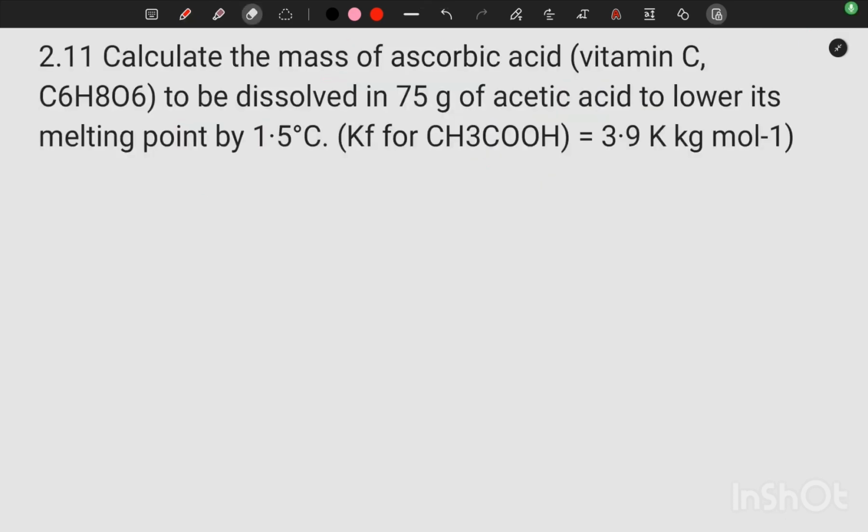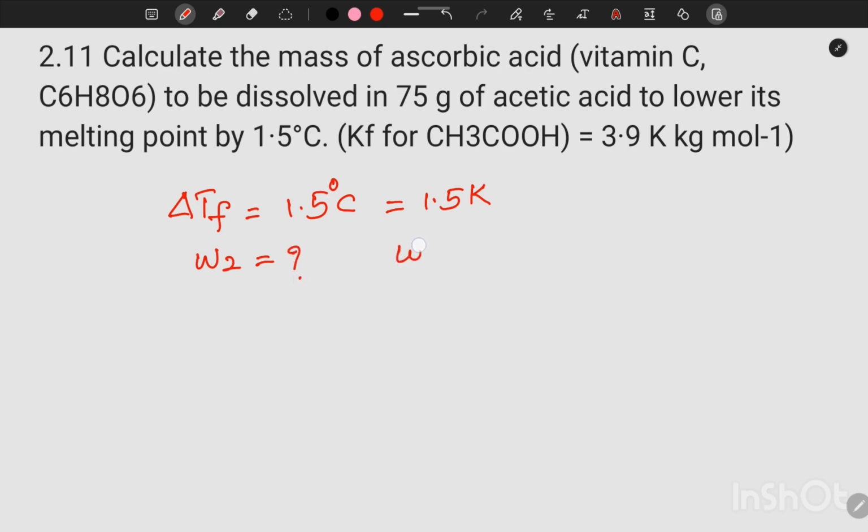Next question. Calculate the mass of ascorbic acid to be dissolved in 75 gram of acetic acid to lower its melting point by 1.5 degrees Celsius. So delta Tf is given. It is 1.5 degrees Celsius, that is equal to 1.5 Kelvin. Then mass of solute W2 we have to find out.